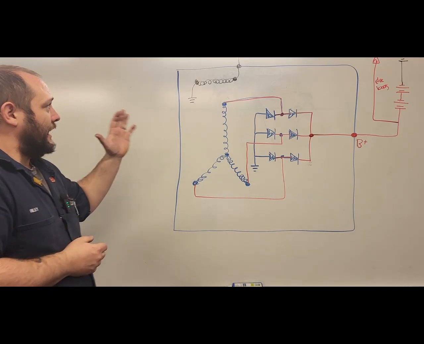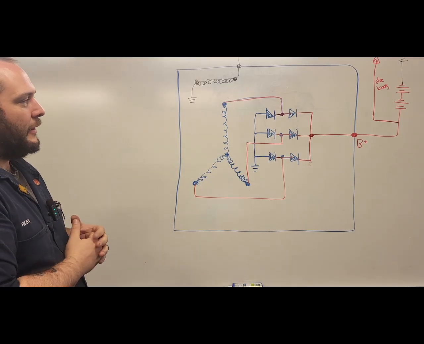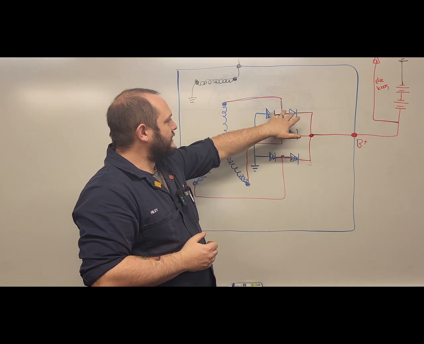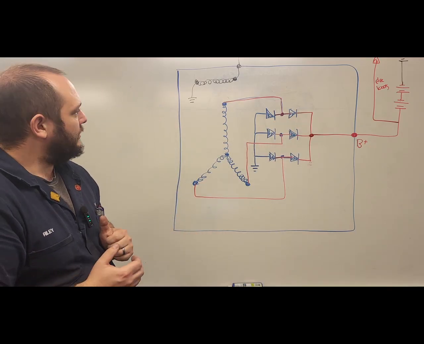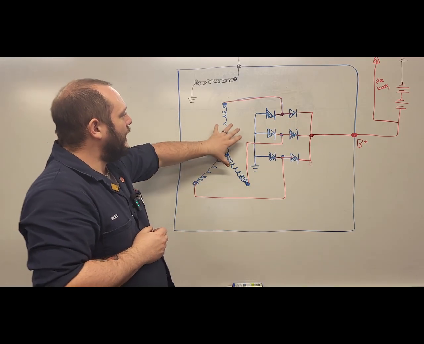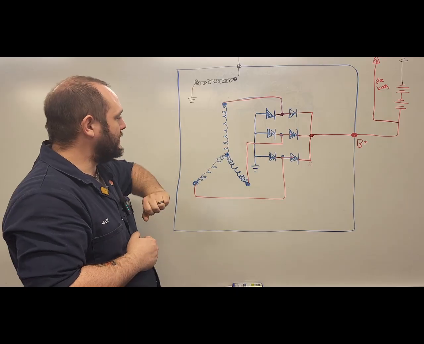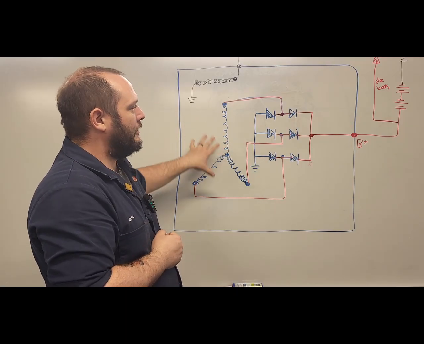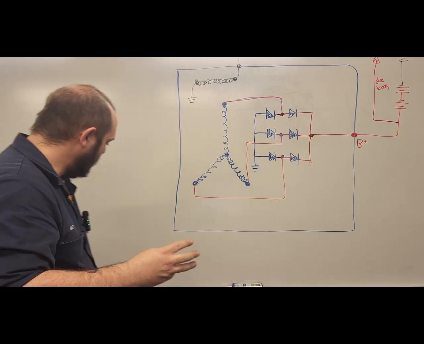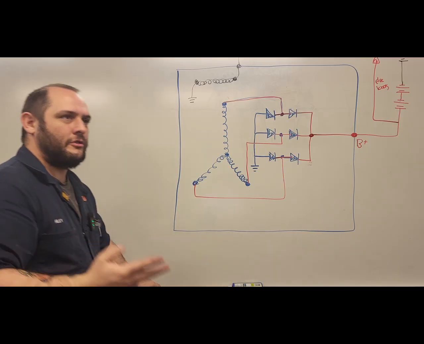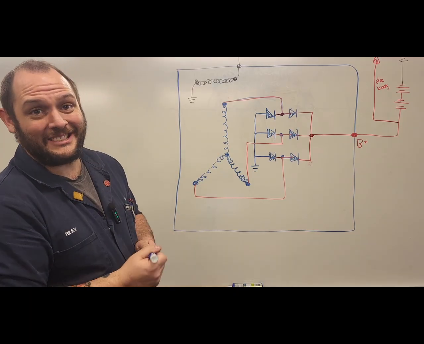So I drew today the diode rectification bridge. I've got my 6 diodes outlined within my rectification bridge, and I've got a Y-type stator in this instance. Inside our rectification bridge, we're going to have 3 diodes in 2 different groups, for a total of 6.